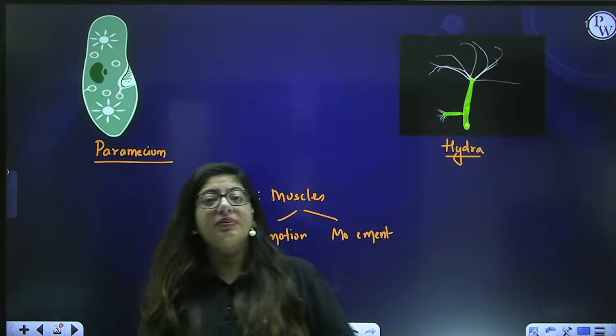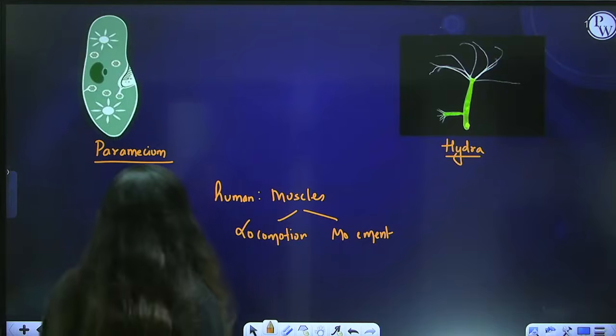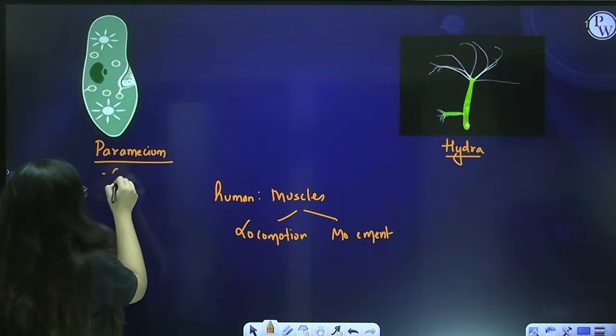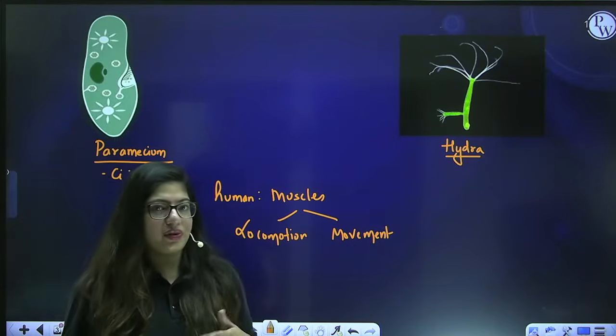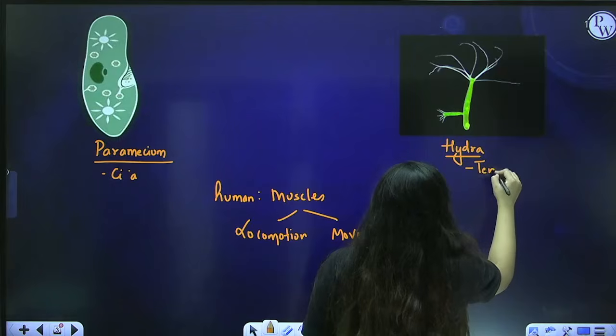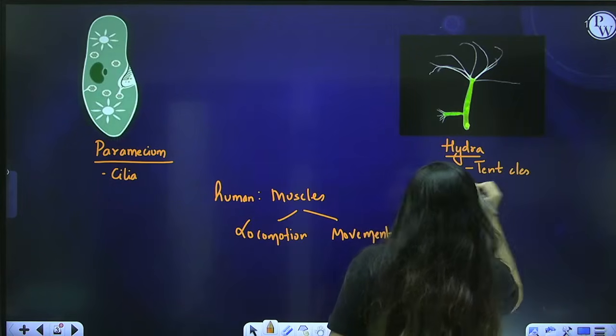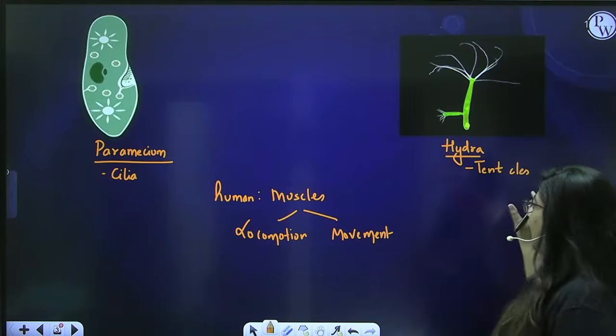Also, skeletal muscles help you to move. Now, how about the paramecium? In paramecium, we have hair-like structures known as cilia, and in hydra, we have structures known as tentacles. Like in us, the muscles help in movement, in paramecium the cilia, and in hydra the tentacles.